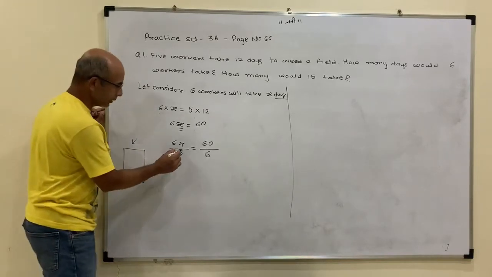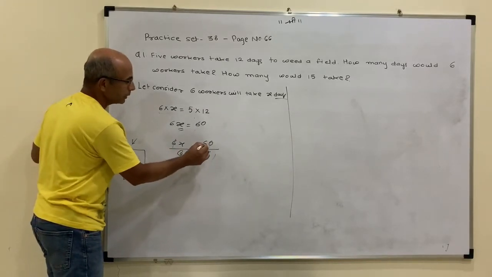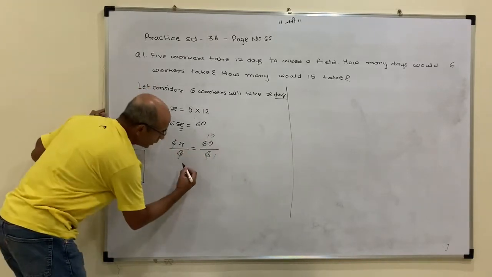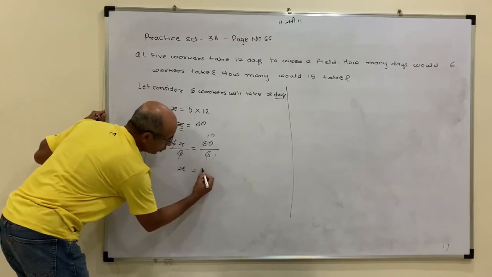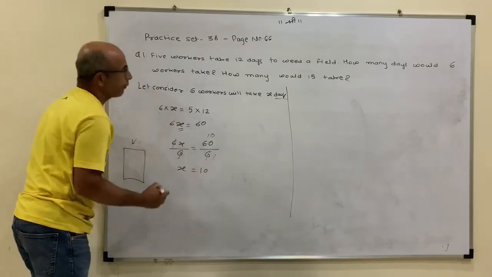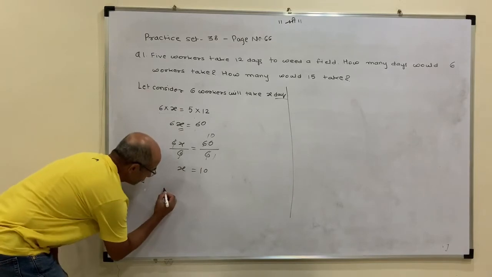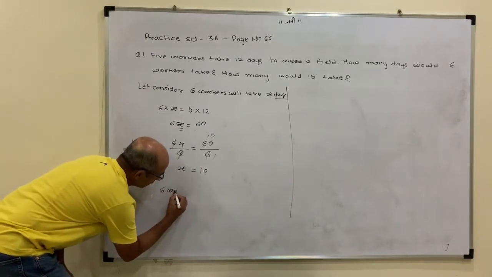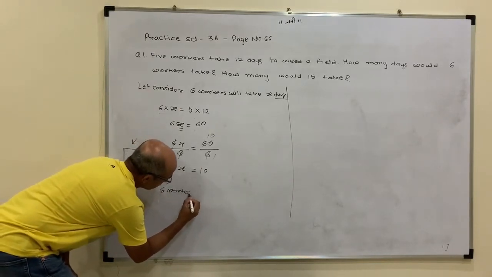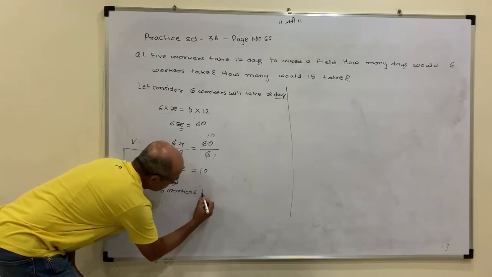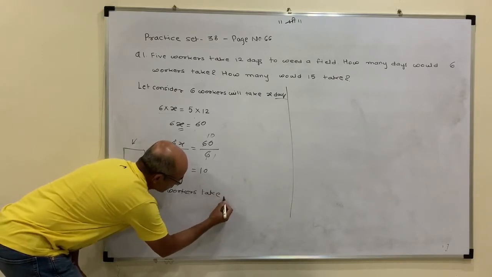Now 6 gone, 6 tens are 60, so x equals 10. So my first answer is 6 workers take 10 days.